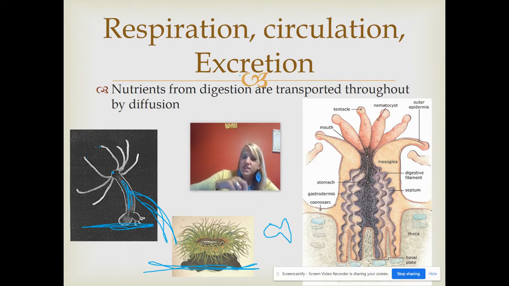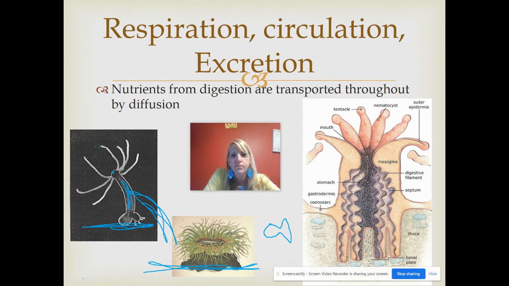So high concentration in that drop, low concentration at the bottom because the water's clear, right? And so it'll diffuse out. That's diffusion. So if there's high concentration of food in the gastrovascular cavity, then that food will be broken up, absorbed into the gastroderm, and digested there, and then the nutrients will be dispersed through diffusion. High concentration in one area and diffuse everywhere else to all the cells that need it.